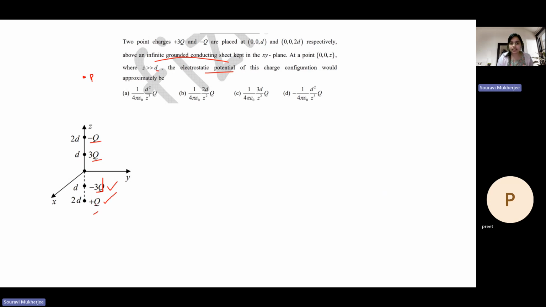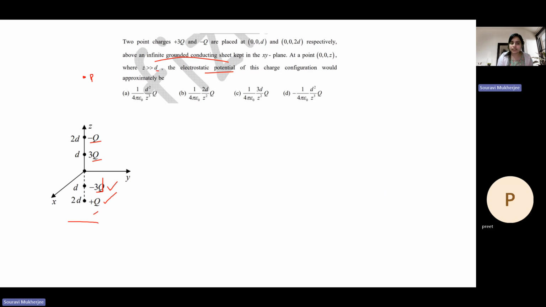So now you can consider the charges in pairs. Two equal and opposite charges in a pair form a dipole. We want to see the effect of the dipole at a very far distance. The first order term comes from the monopole, which is just looking at individual charges, so the net effect comes from the summation of the charges. In this case, the summation goes to 0, so the first term is not there.